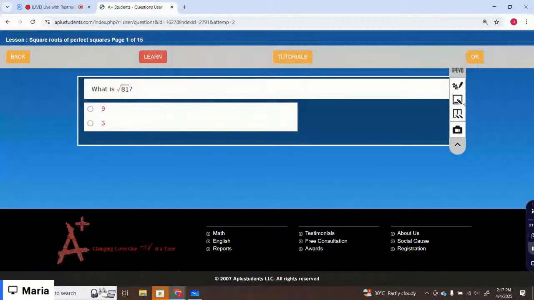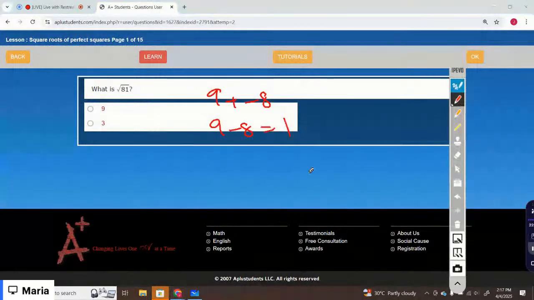What is square root 81? So square root 81 is 9 times 9. That equals 9 square. So you need to calculate the square root.